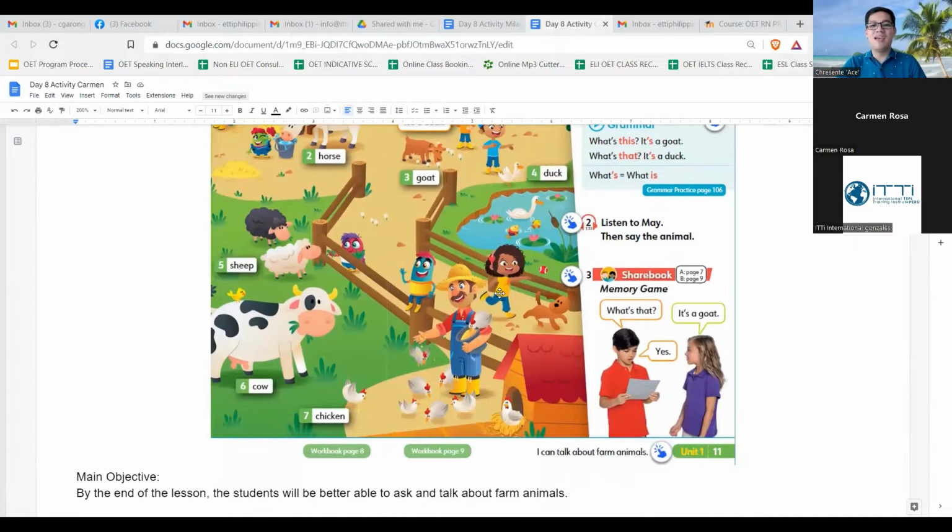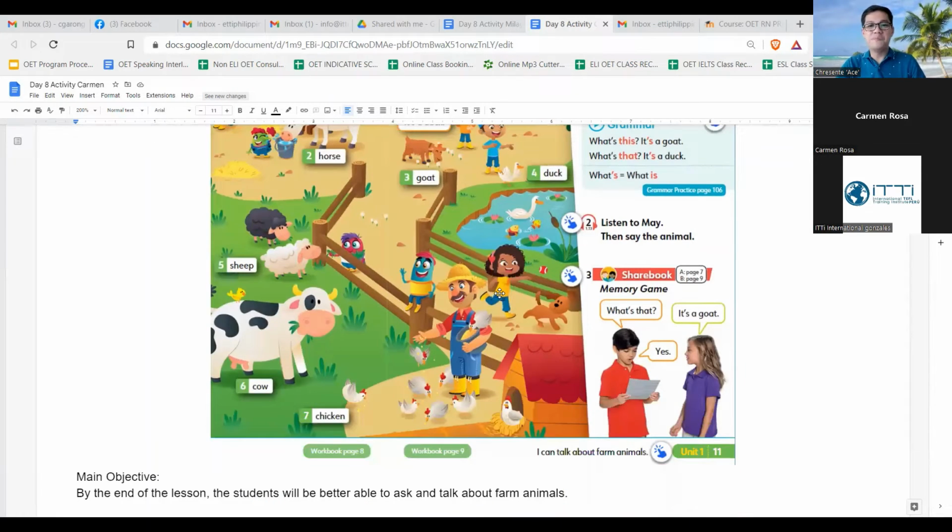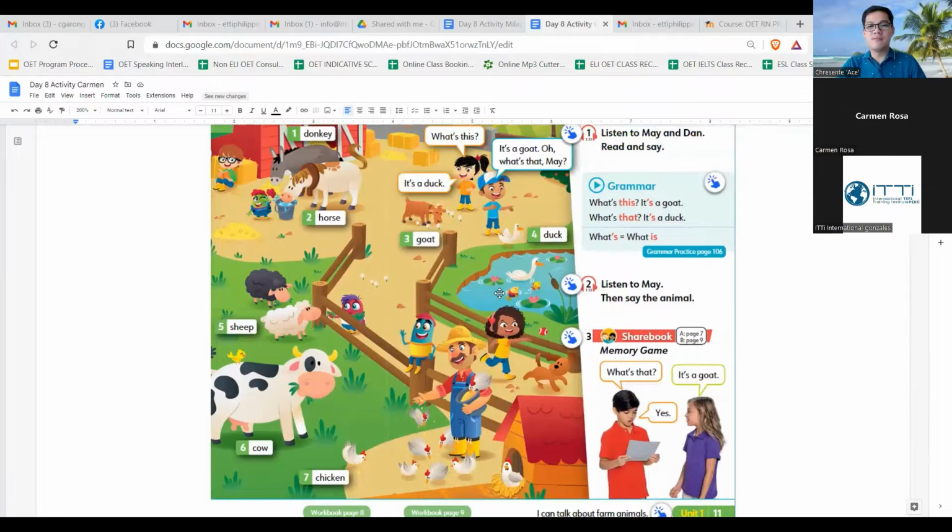And the context of this lesson is farm animals.